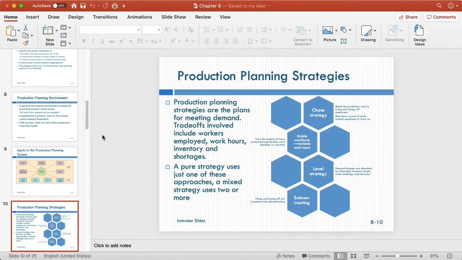You need to hire some new ones. But if in the next month the market demand goes down, you actually have more employees than necessary. Then you can lay off some of them. So in the chase strategy, your production rate is always accurate by changing the workforce level.